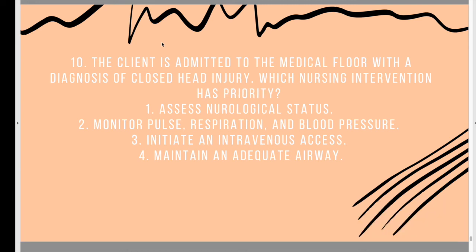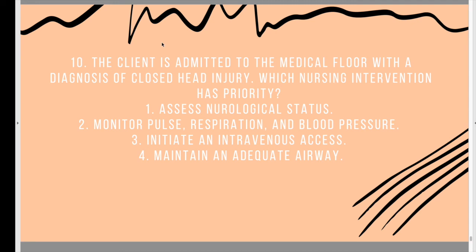1. Assess neurological status. Yes, possibly. Should assess neurological status. Number 2, monitor pulse, respiration, and blood pressure. Yes, it's also included in our nursing intervention. 3. Initiate intravenous access. Yes, it's also included in our intervention. 4. Maintain an adequate airway.